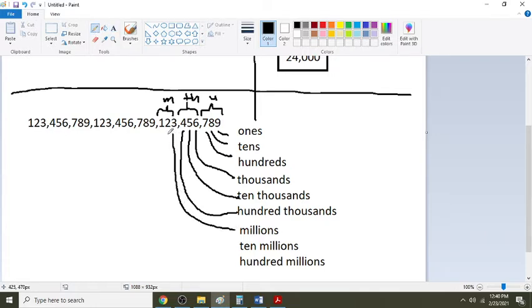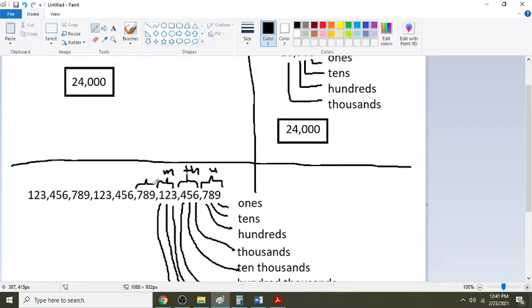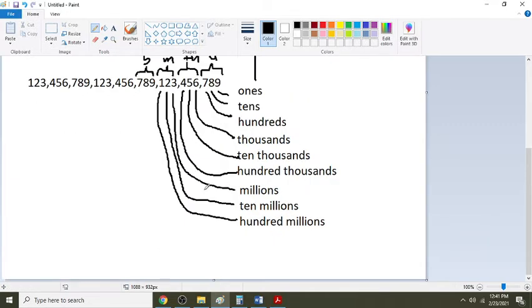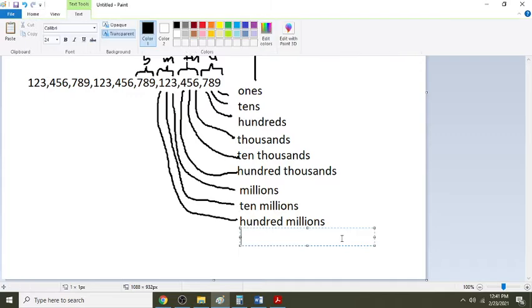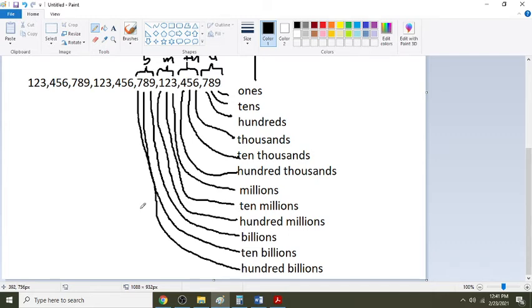Next up, we have the billions: billions, 10 billions, and 100 billions.